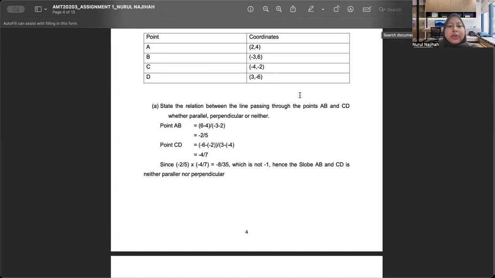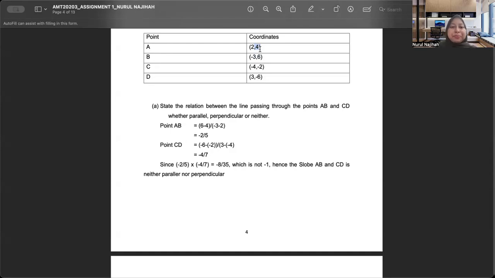So how do we decide which one is y2 and which one is y1? Actually, we can see from the points themselves. The one that comes later will be y2, the second number. So we will be using point B as our 2 figures and point A as our 1 figure.